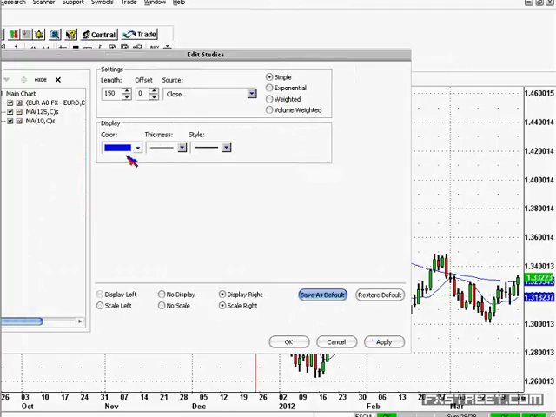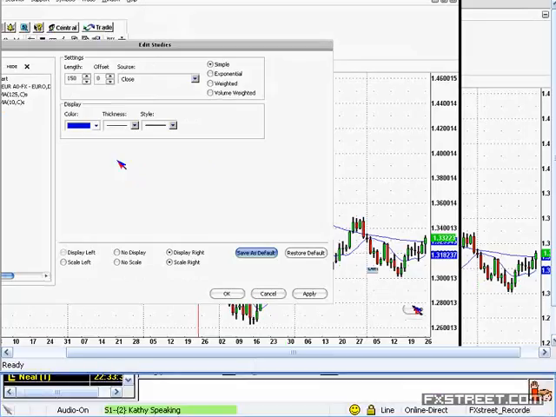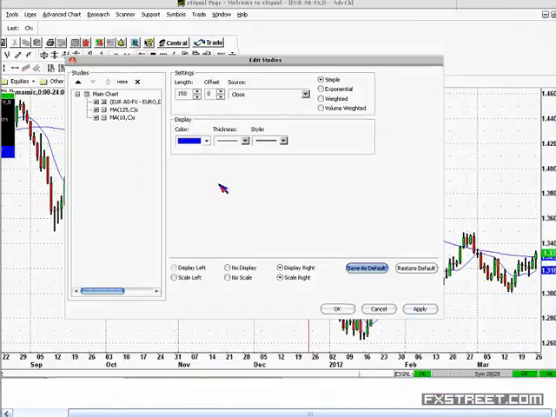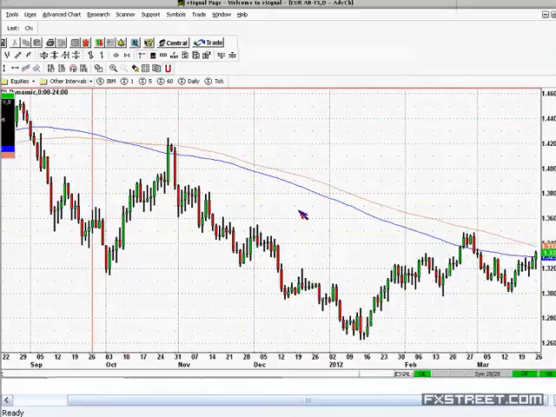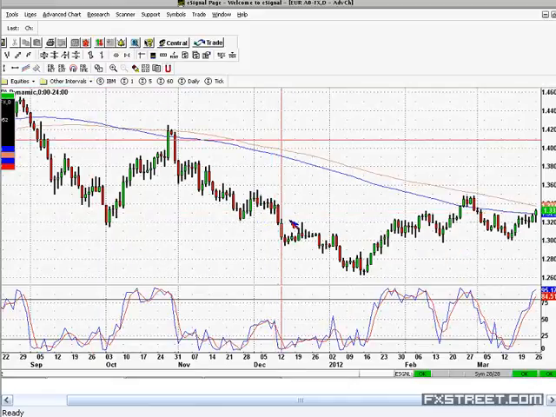I'll go back to my HotComm in a second just to refresh my screen in case any of you, for whatever reason, cannot see the chart. So I've got my 125 and my 150 simple moving average here. Then I'm going to add on stochastics.